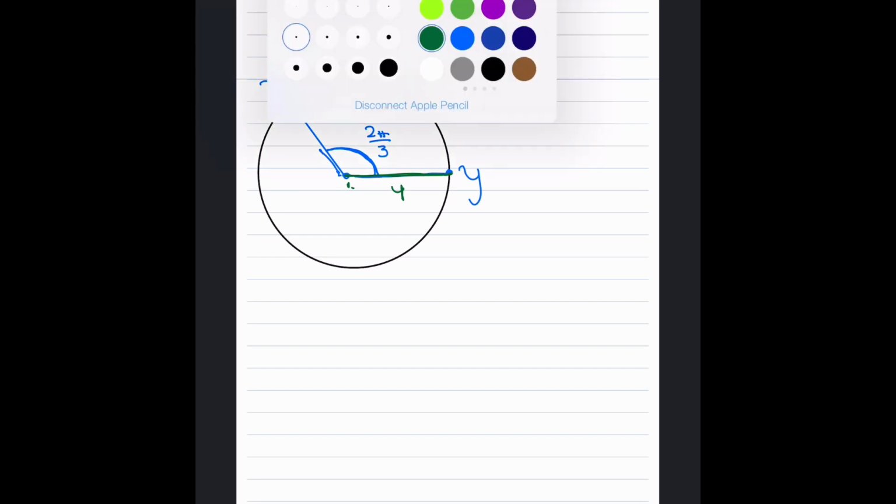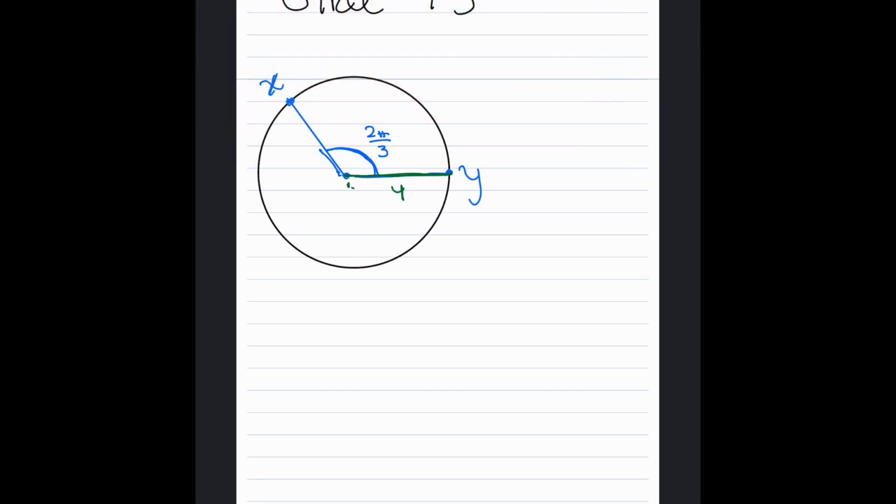And so we're being asked to find the arc x, y. So you'll see x, and you'll see y. The arc, remember, it's where the angle, so this is my angle here, if it were to cut the circle almost, the arc is this portion of the circle.